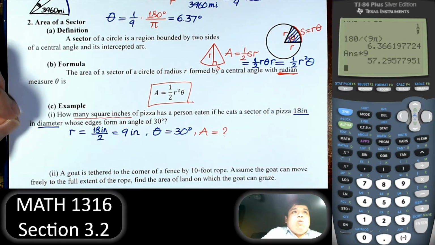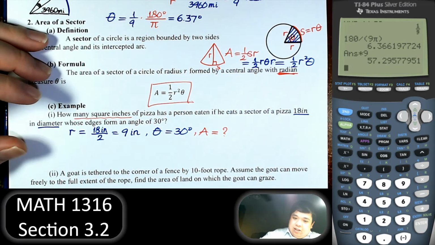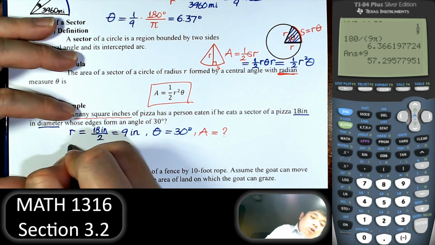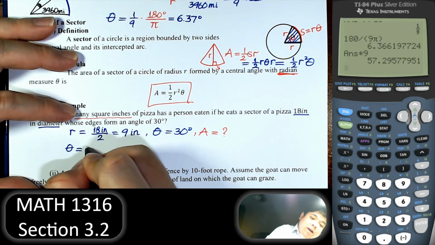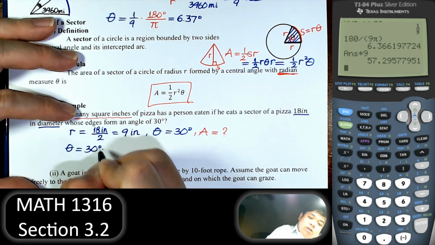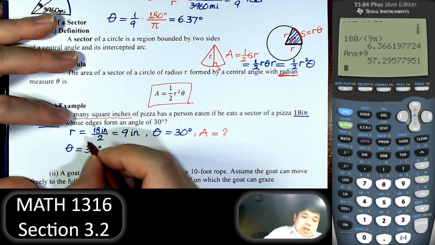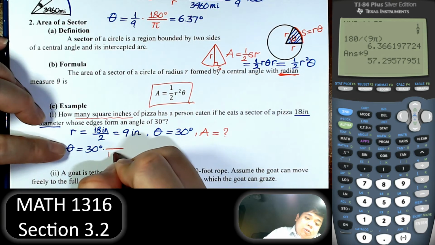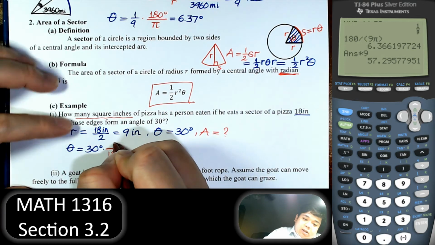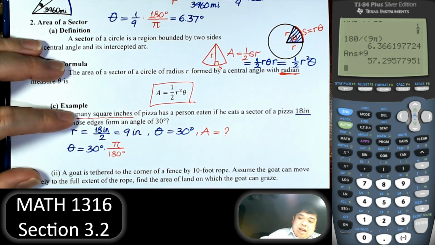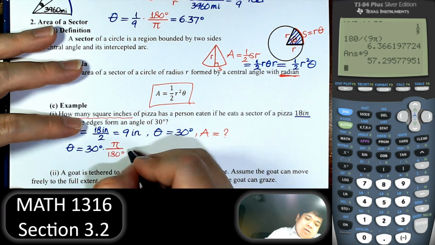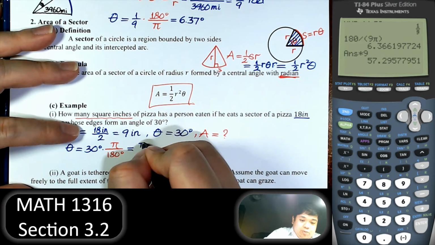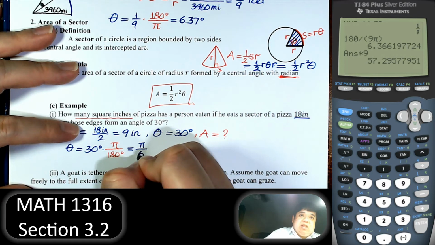Pretty straightforward, right? Just one thing we always have to do: make sure that it is in radian mode. Meaning if we don't want degree, put it at the bottom, pi on the top, degree cancels out, and 30 divided by 180. By now, I hope you recognize that is pi over 6.